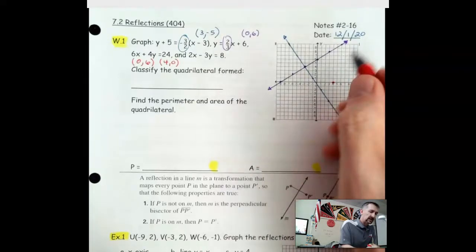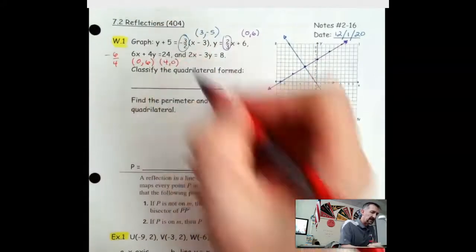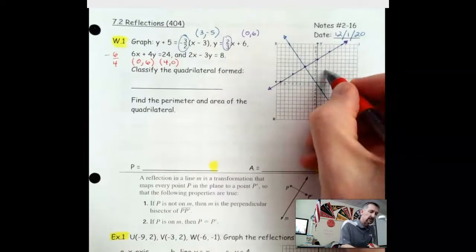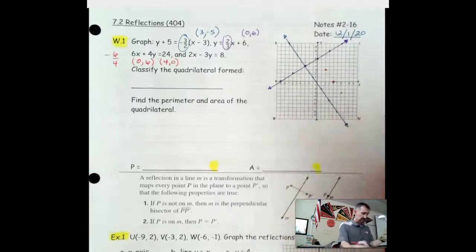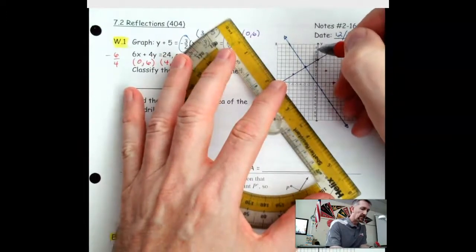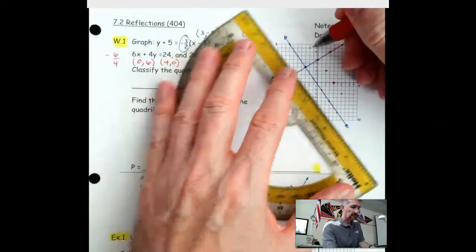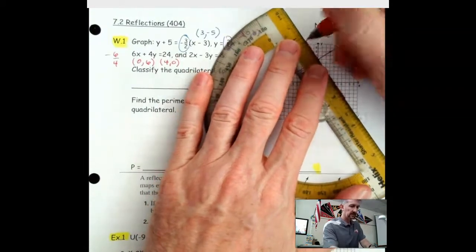So if we look at that, that's going down 6 over 4. So that's -3/2. So -3/2 is right there. And I'm not sure how far that's going. We can do something like that.